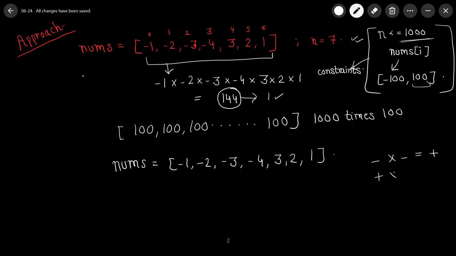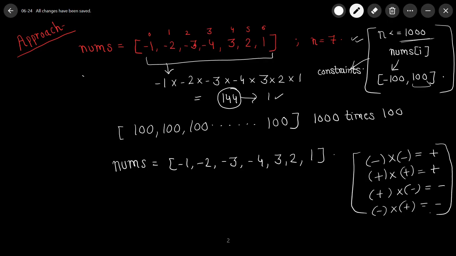Similarly, if positive is multiplied by positive, we get positive. Similarly, positive into negative is negative, and negative into positive is negative again, right? So we will keep this in mind. I hope you can see the pattern.